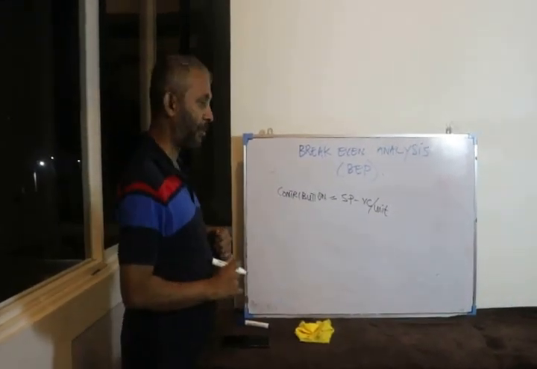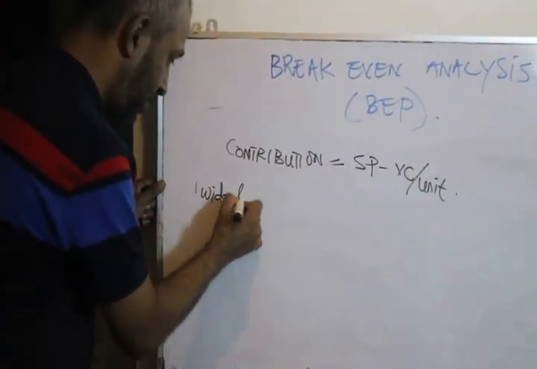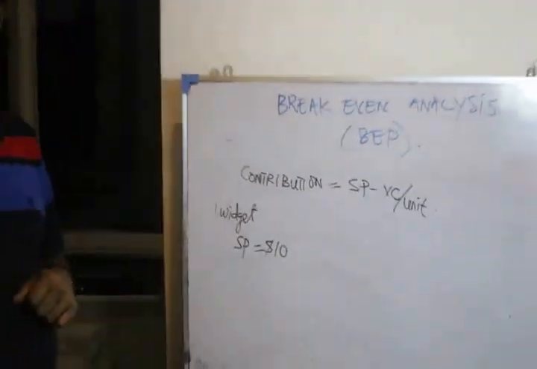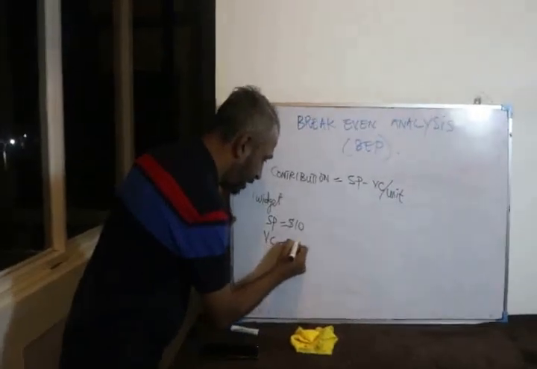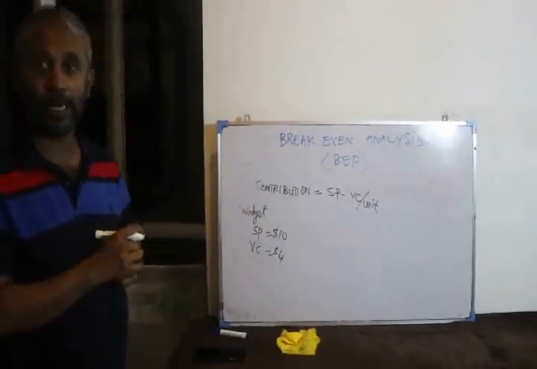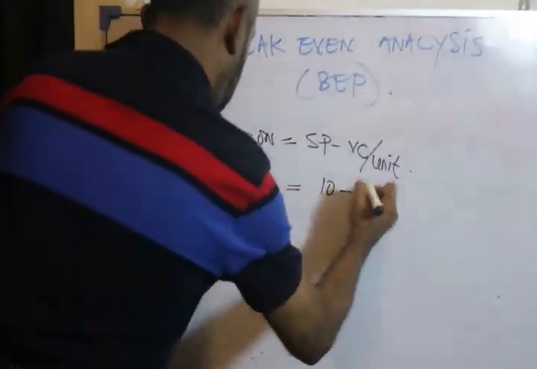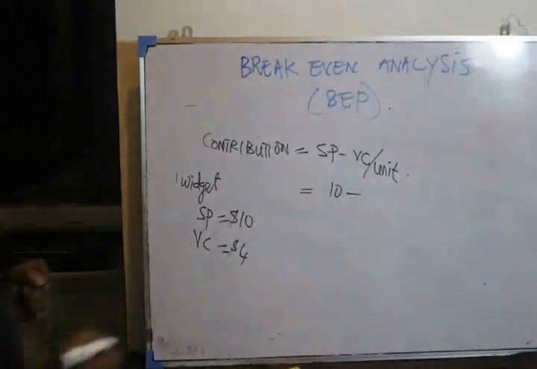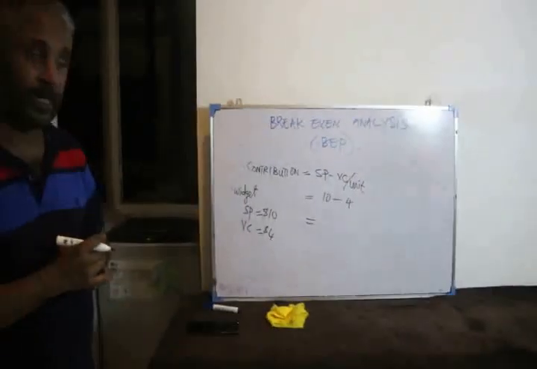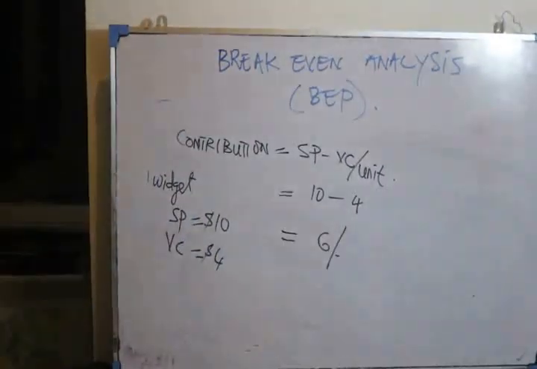If I take the example which I used, one widget, selling price we said $10. The variable cost we said $4. So therefore, let's apply that over here. Selling price $10 minus variable cost $4. So the contribution I am having is $6 per unit.